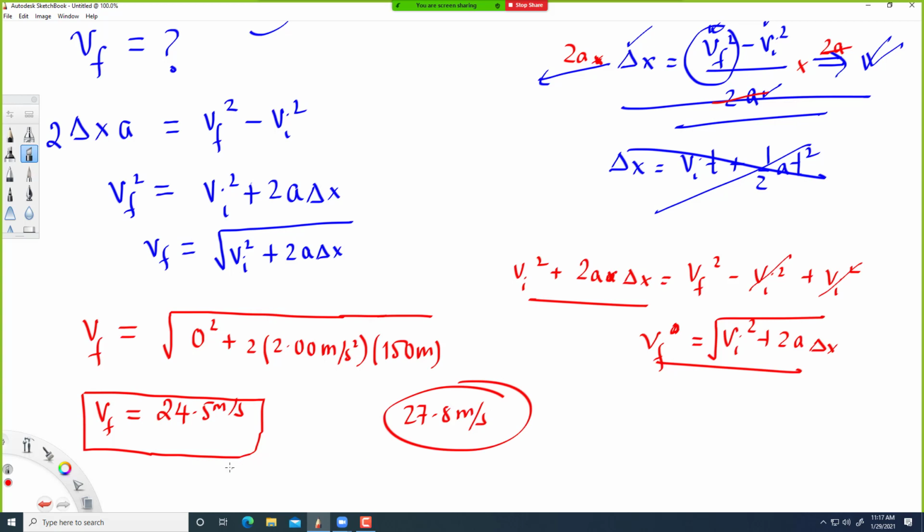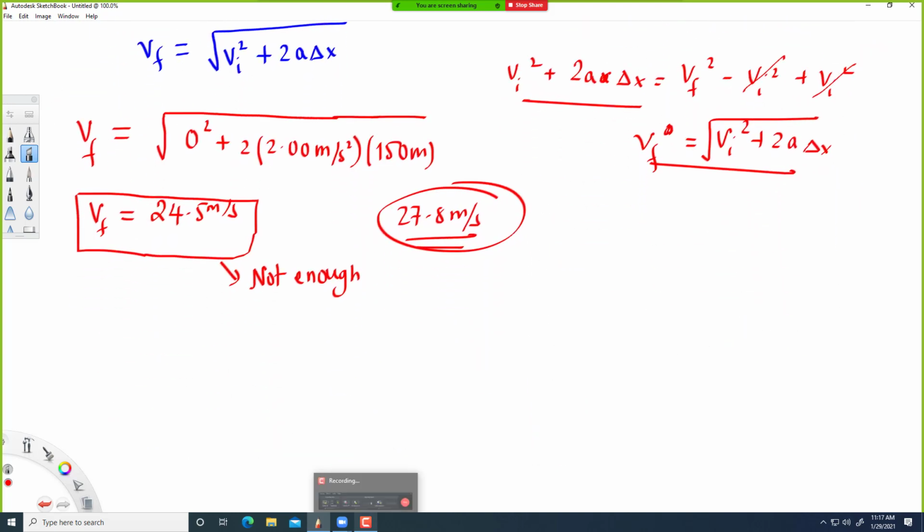So that means this is not enough speed. We want to get 27.8, but that doesn't give us 27.8. So that means the acceleration of the plane is not enough to reach that speed. We need higher acceleration.